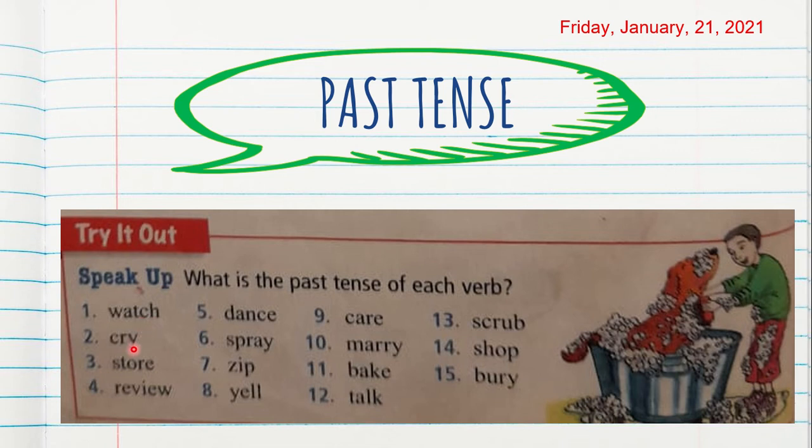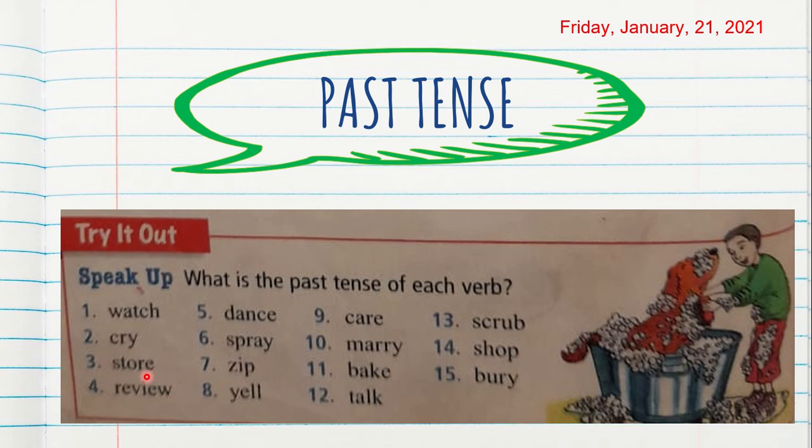Now, cry. Cry goes on rule number 3. You will change the Y to an I and add ED. Cried. Now, the word store, almacenar, store ends with the letter E. So that means this verb goes on to the second rule, verbs ending with E. You drop the E and add ED, stored.